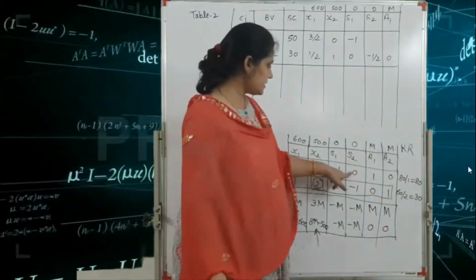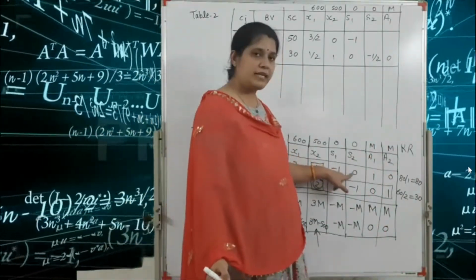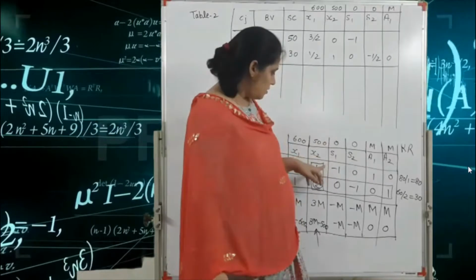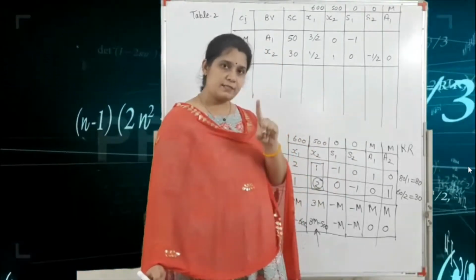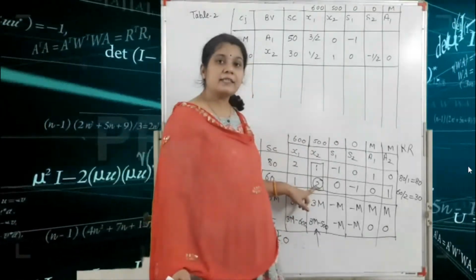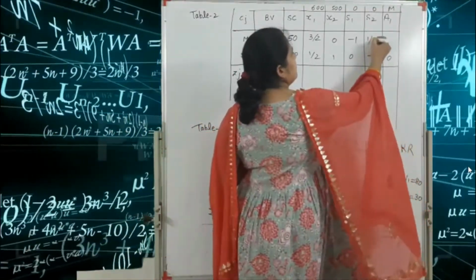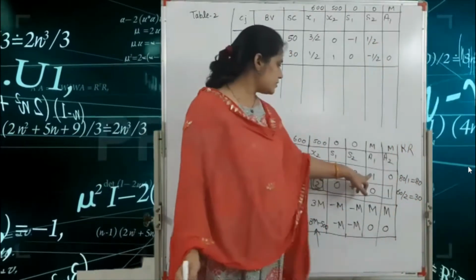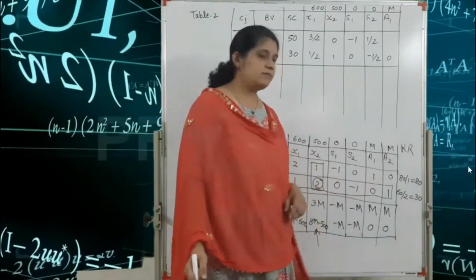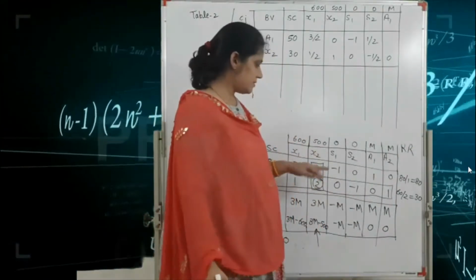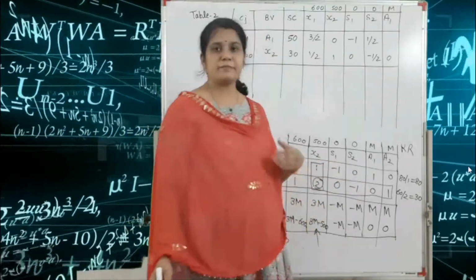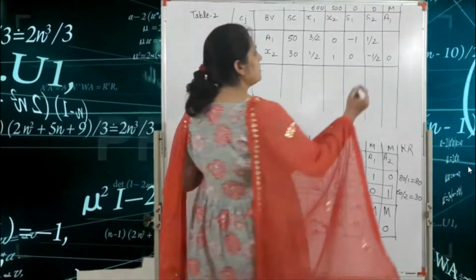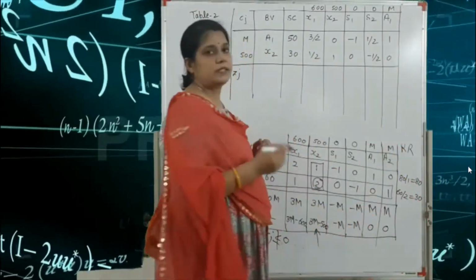Okay, next one is this value. 2 into 0, that means 0. Minus 1 into minus 1, that means plus 1, divided by the key number, so we write here 1 by 2. And next one is 2 into 1, that means 2, minus 1 into 0, that means 0. So 2 divided by the key number 2, that means we get 1.